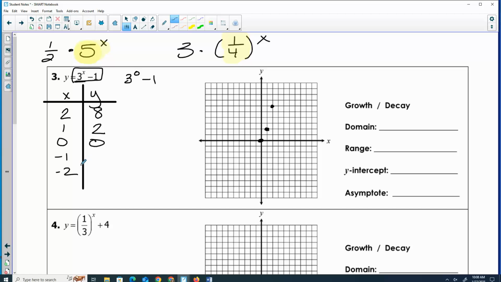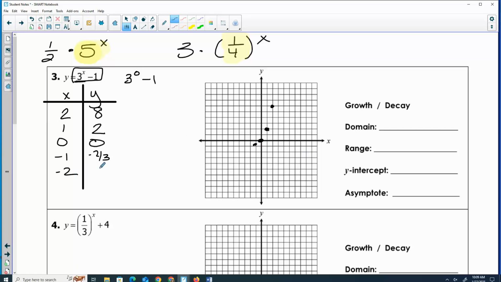It's probably not a nice number. What'd you get? So -2/3. So (-1, -2/3).